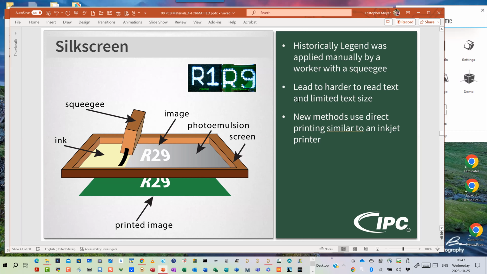This led to harder to read text and limited text sizes, because anytime I have a material of any thickness and I put a liquid in there, the thickness of the screen, no matter how thin it is, is a vertical wall that's preventing that liquid from flowing. As soon as I lift this screen off, the liquid that was forming that letter or number or character will start to spread.